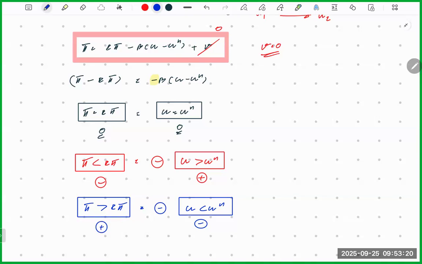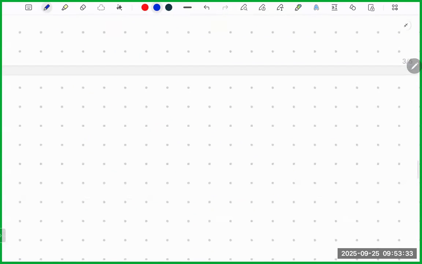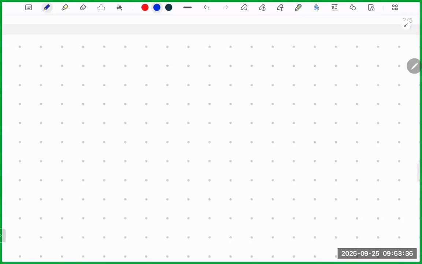Again, economy is bad, everything's cheaper. Economy is good, everything becomes more expensive. Everything is shown in the equation. Then, I bring the Phillips curve here.